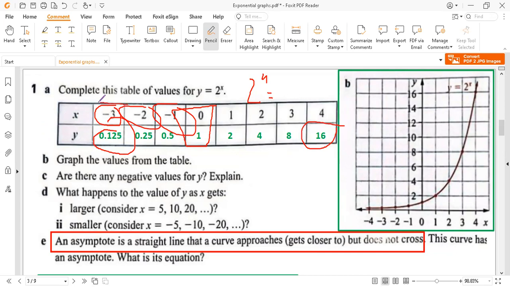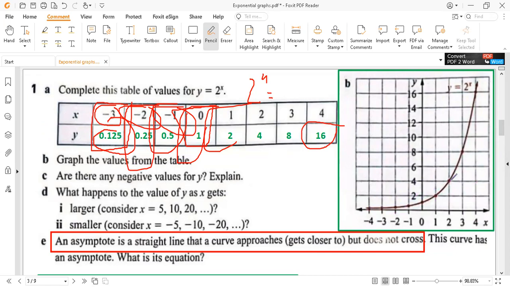We put all these couples: (-3, 0.125), (-2, 0.25), (-1, 0.5), (0, 1), (1, 2), and so on. We plot all these points here to obtain this graph.